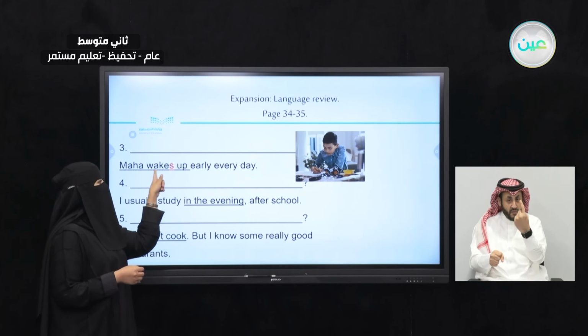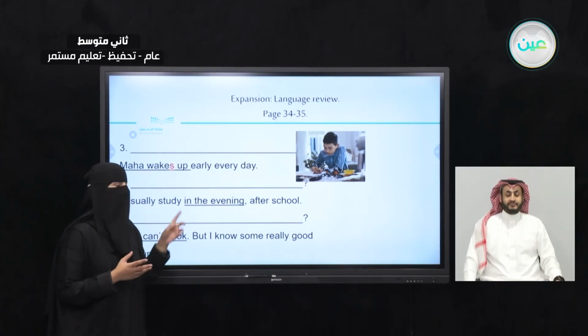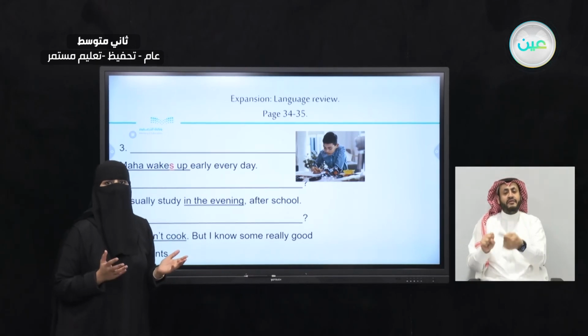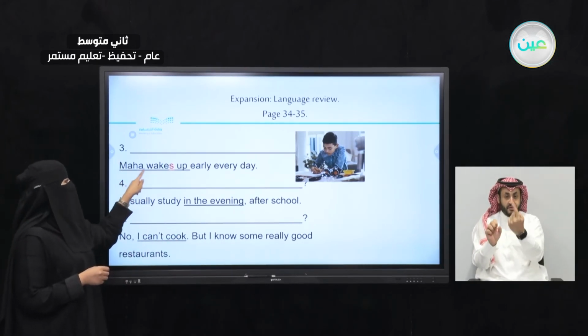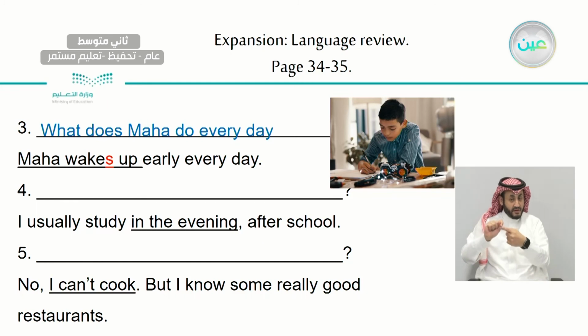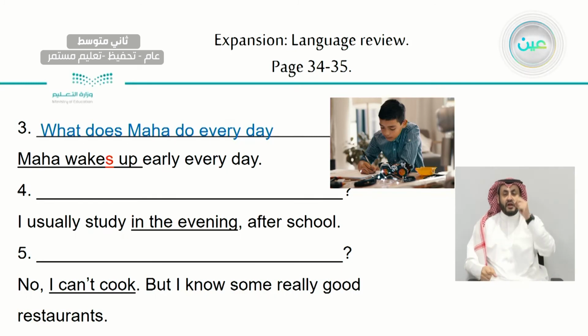If it's two parts, we add it to the first part, like wakes up, gets down, stands up. Now we want the question for Maha wakes up. So what are we going to add here? What does Maha do every day? What is the thing that she's doing every day? Maha wakes up early every day.